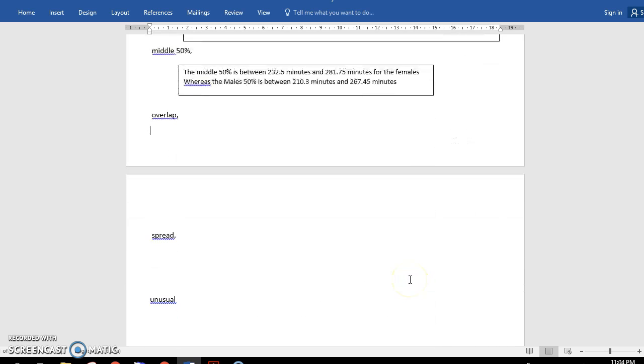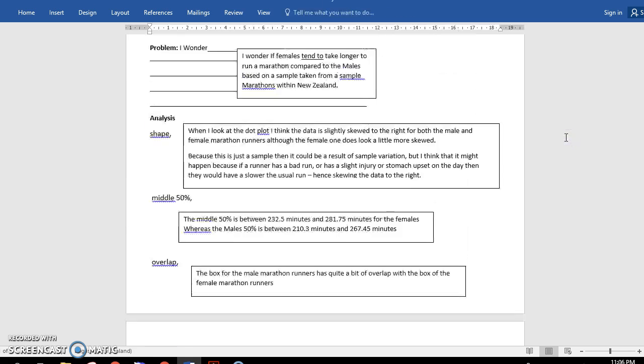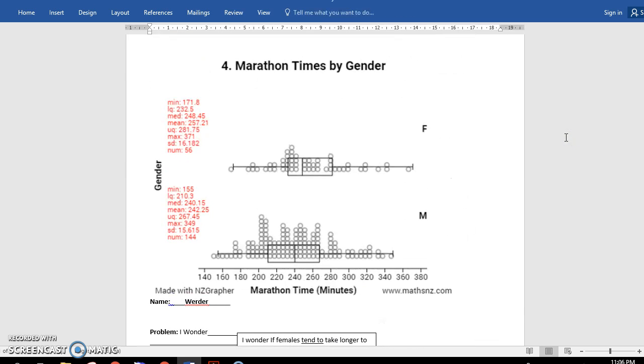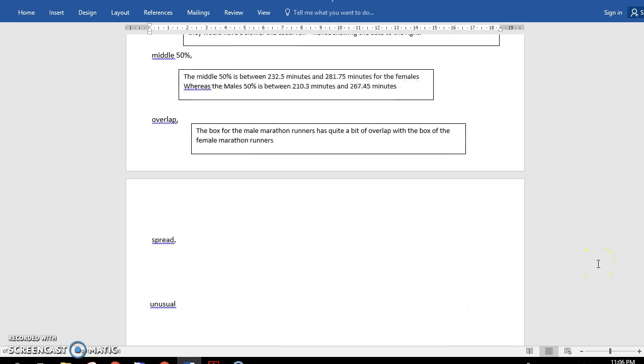I've put here that the box for the male marathon runners has quite a bit of overlap with the box of the female marathon runners. It's using some terms like quite a bit. We could put some numbers to it, but that's not what this assessment is about. This assessment is trying to get a visual idea of how the data looks. So quite a bit's alright for this standard.